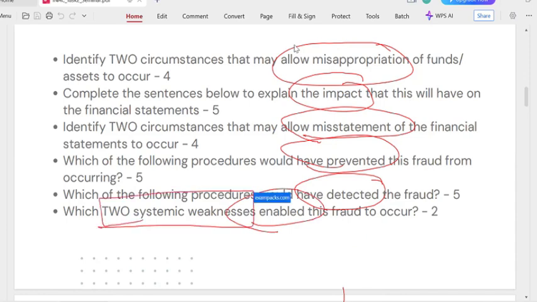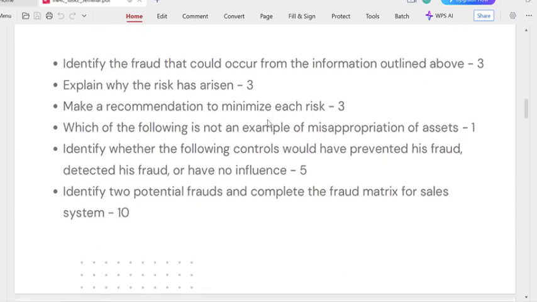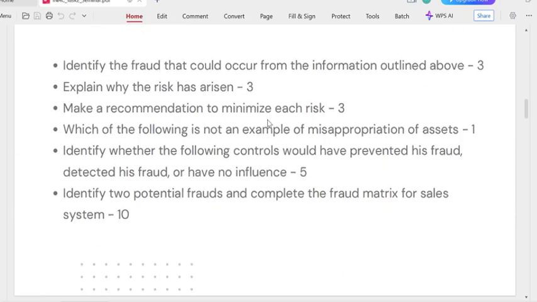Again, we have identification of weakness. Okay, identify the fraud that could occur from the information outlined above. So that's one of the questions. And explain why the risk has arisen. Again, that's the identification of the weakness.